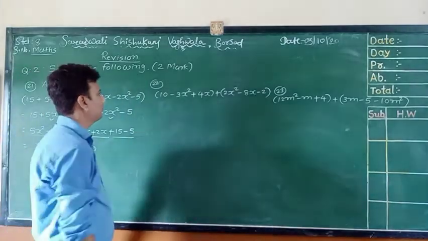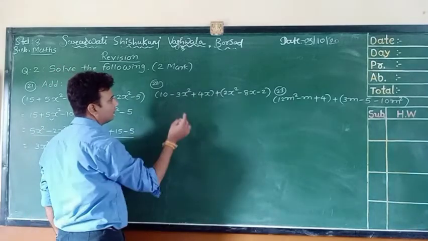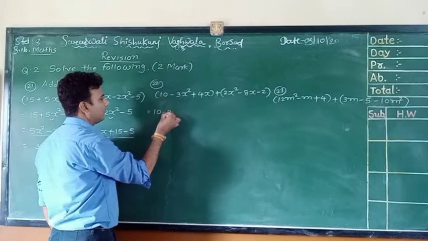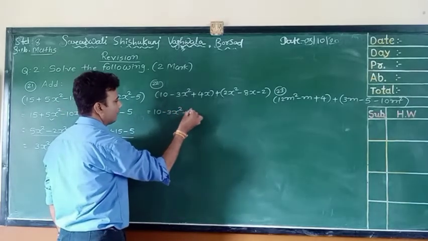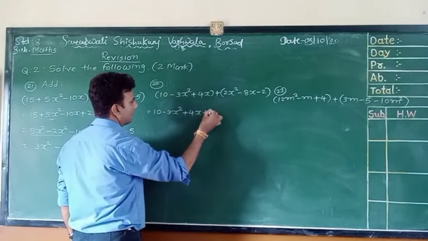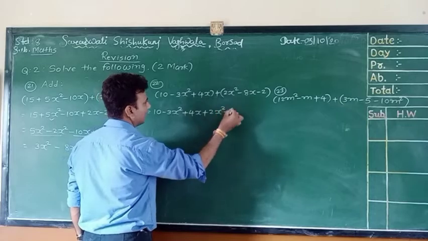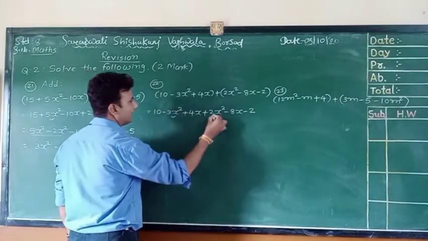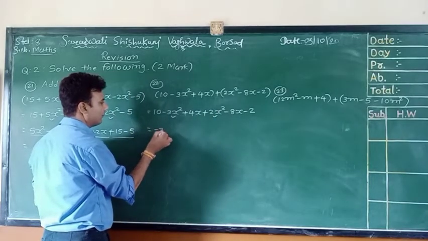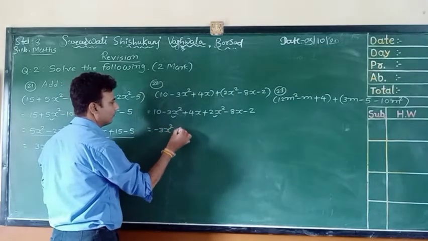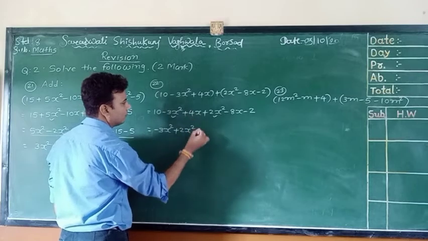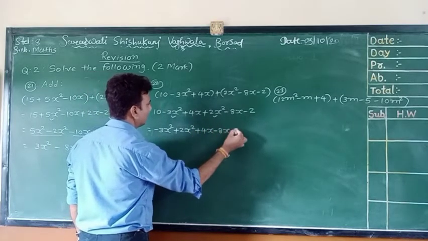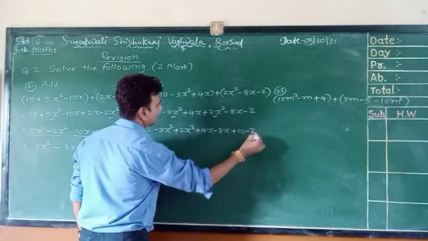In the second number, same concept, addition we have to do. That means we have to remove this small bracket. 10 minus 3x square plus 4x plus 2x square minus 8x minus 2. These both like terms we will write together: minus 3x square plus 2x square plus 4x minus 8x plus 10 minus 2.